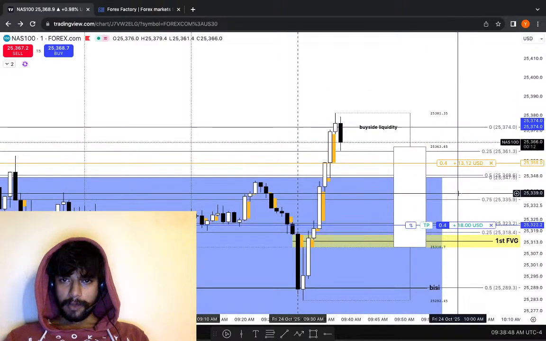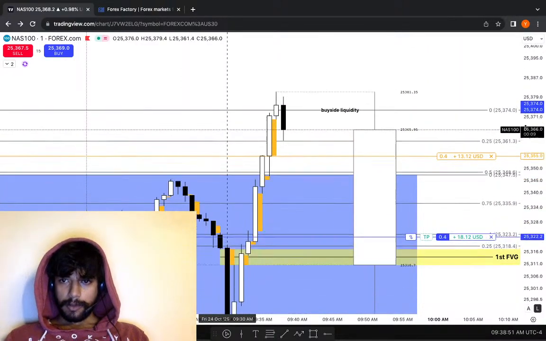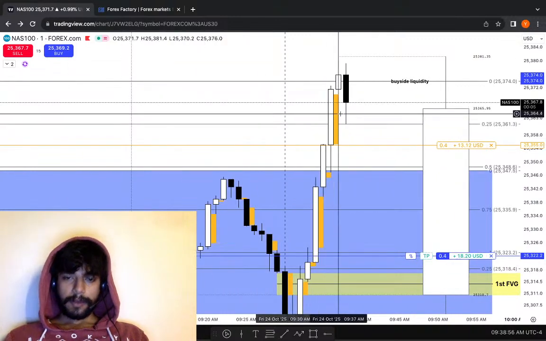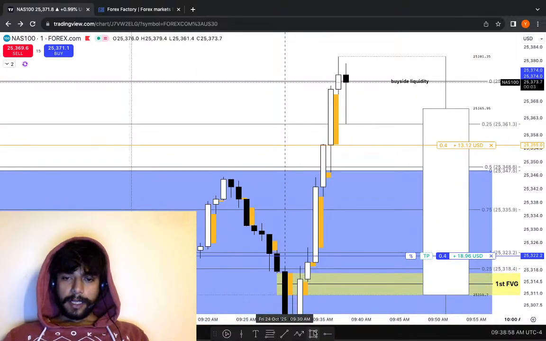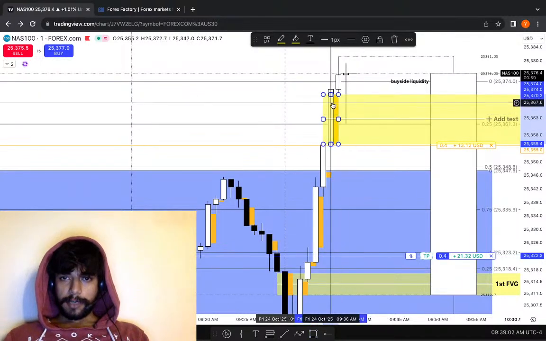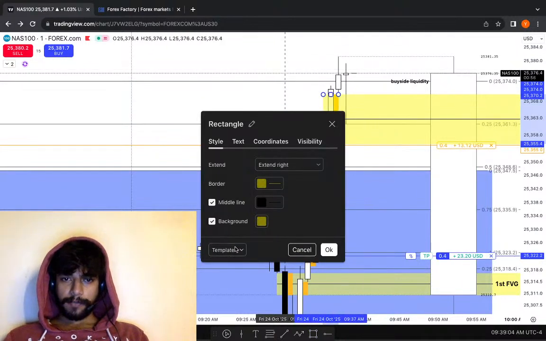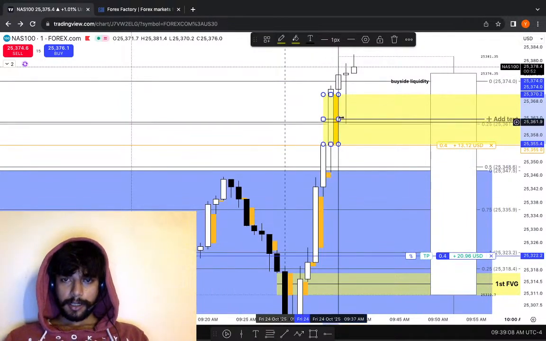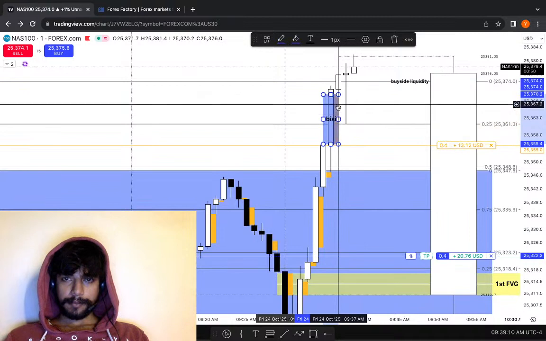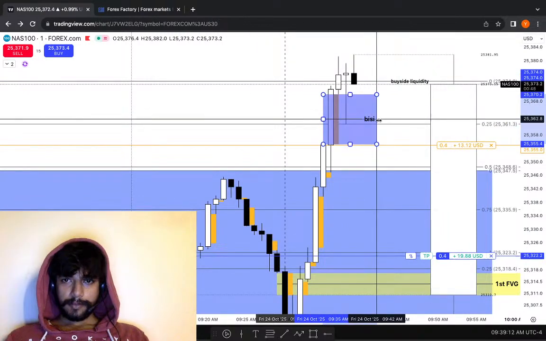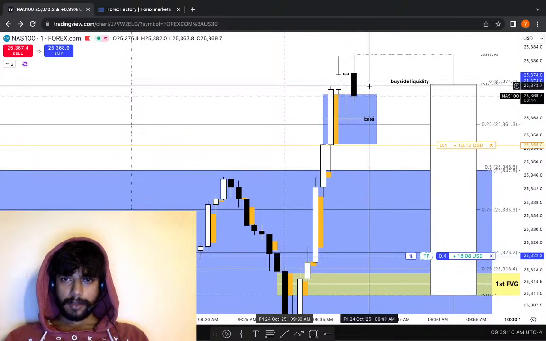How this gap is going to react. What I meant by that is how this buy side imbalance, sell side inefficiency is going to react. Currently the bodies of the candles are staying outside it.